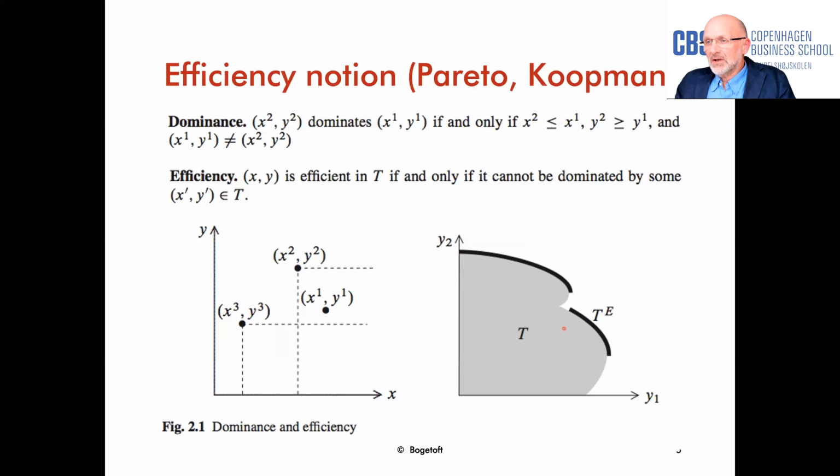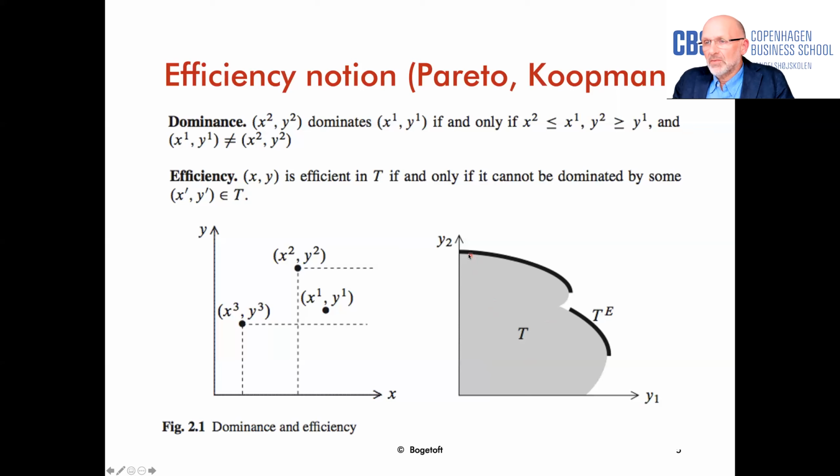And of course, if you take a point like this one here, where my red bullet is right now, that cannot be an efficient point, because I can find another one using the same inputs. All points here are using the same inputs, but I could increase both of my outputs and still be inside the technology. So all the points inside here are not efficient.